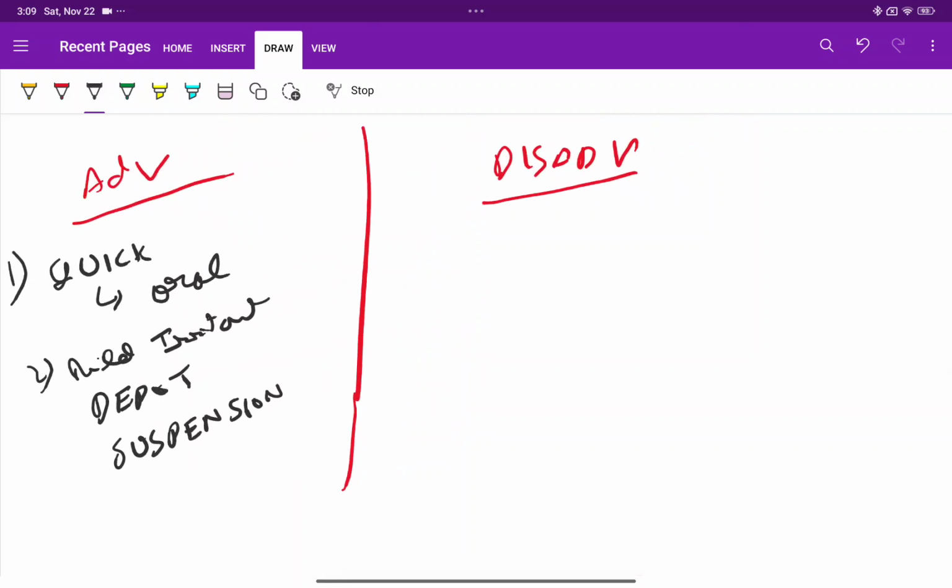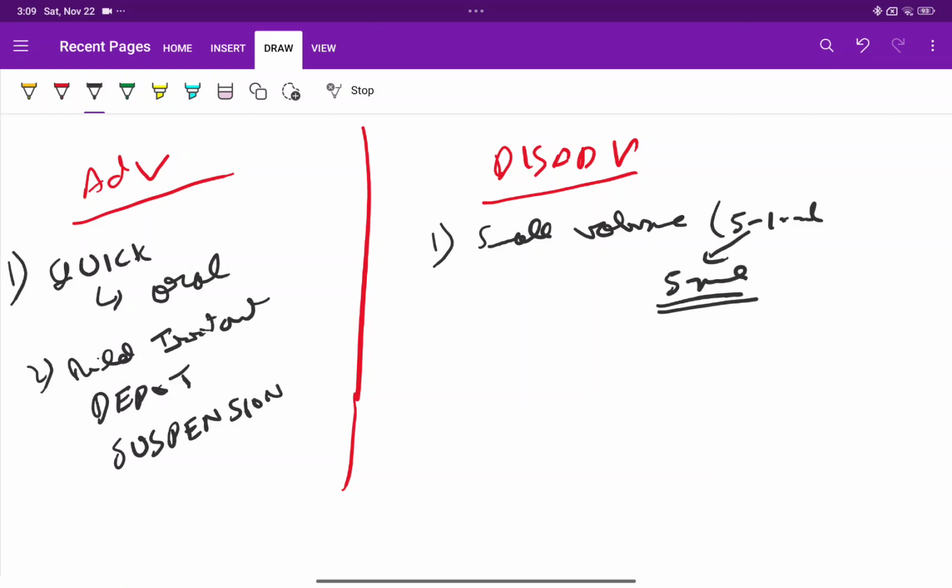What are the disadvantages? We can give only a small volume, around 5 to 10 ml, usually 5 ml maximum. To give more than 10 ml, we need to go through the IV route.